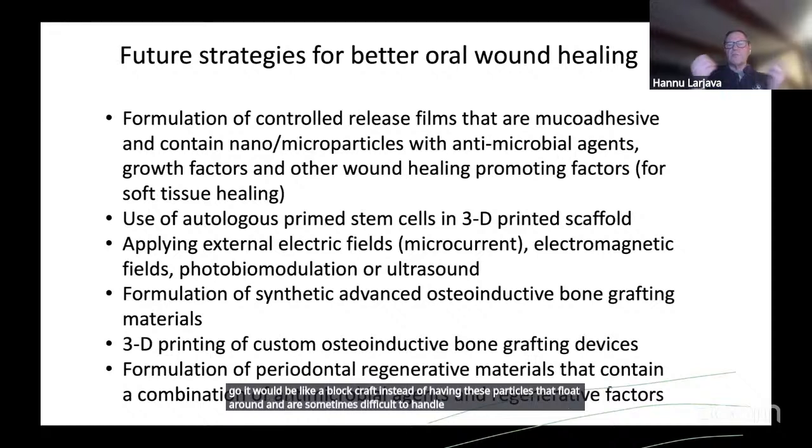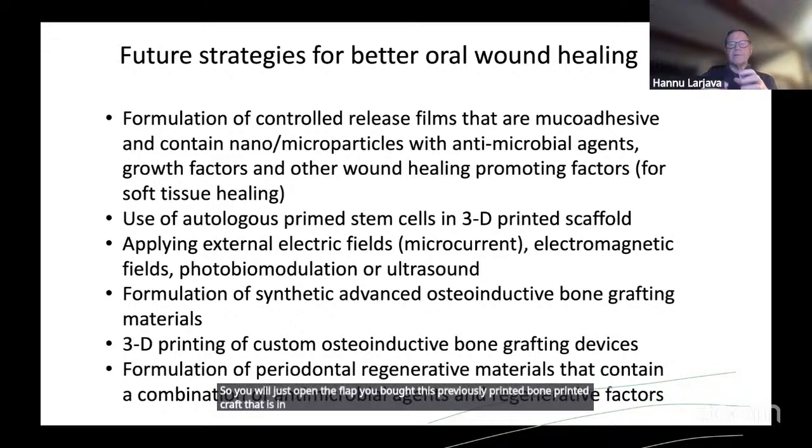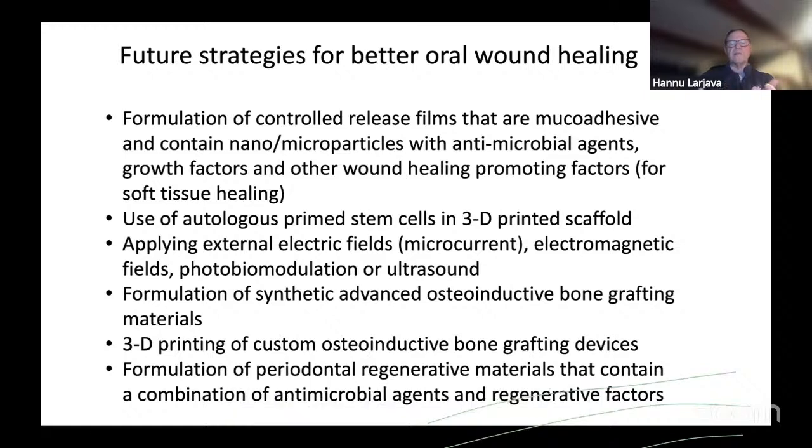So you will just open the flap, put this previously printed bone graft that is in one piece into the place, and close the flap. That is probably a few years away, but I think that would be relatively easy, and even if they are not osteoinductive, osteoconductive devices would be the easiest to start.